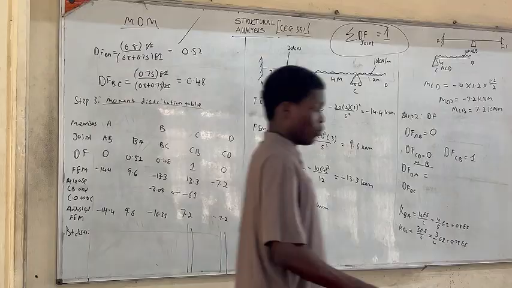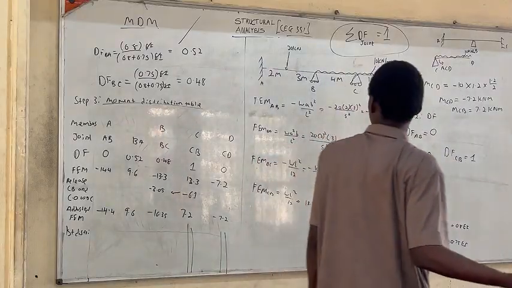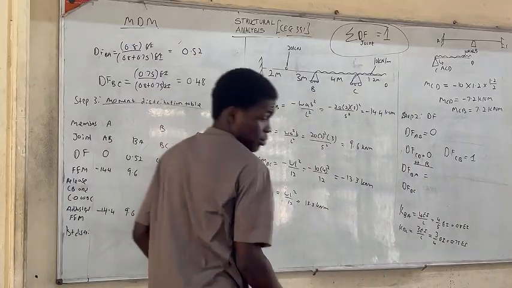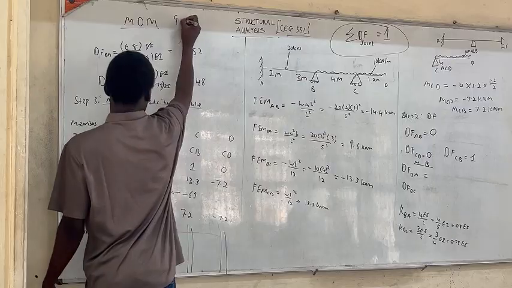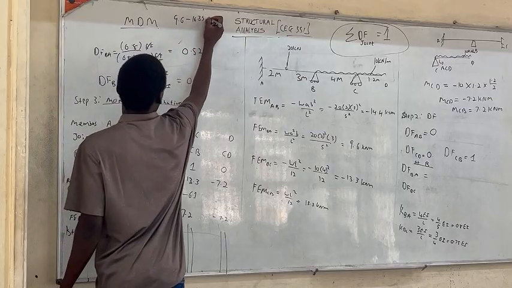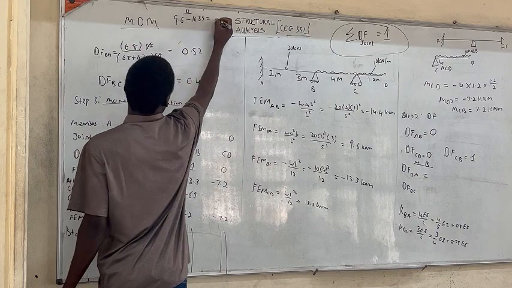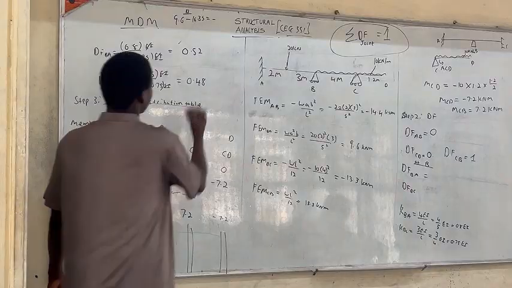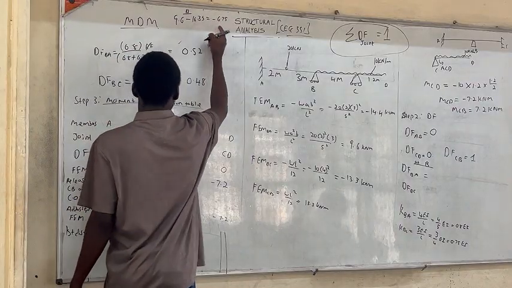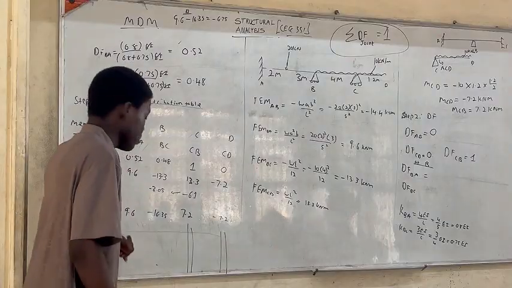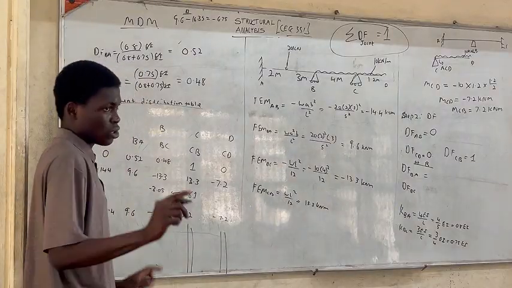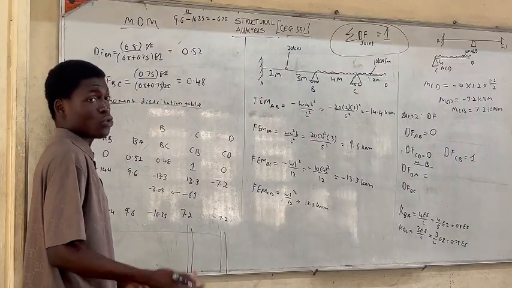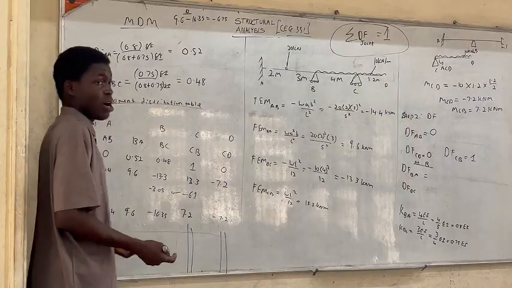So this is 9.6 minus 16 plus... Now multiply by the distribution factor. So you now put the opposite of whatever sign you have there.